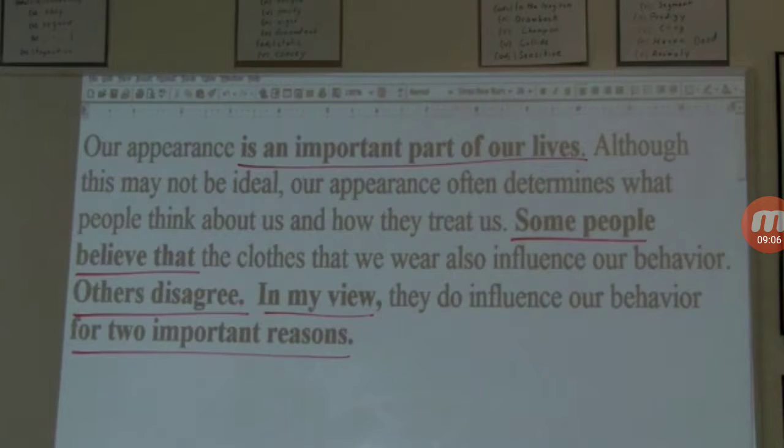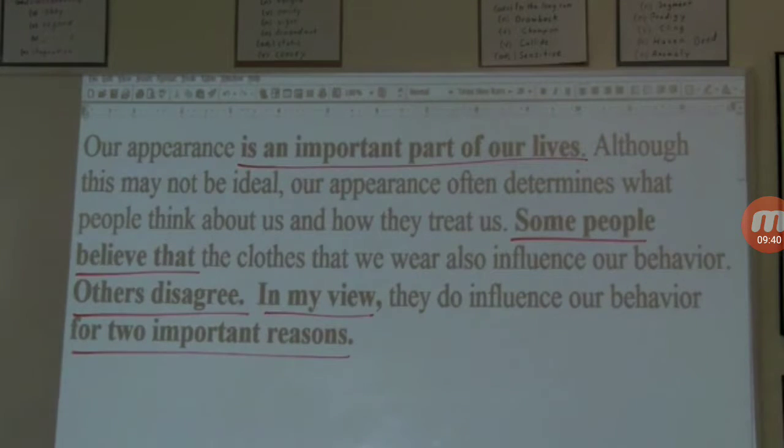Now, how exactly do we use this? Well, remember, the topic is just one word that is the focus of the question. So, the clothes that you wear. You can say clothes are an important part of our lives, but I understand that clothes are part of your appearance. So, in my opinion, this topic, just like clothes, bigger idea, better word, is appearance. But if you're stuck and you don't know what the topic is, just choose one word from the question, just like we learned in step 1, like clothes, and you'll be fine.